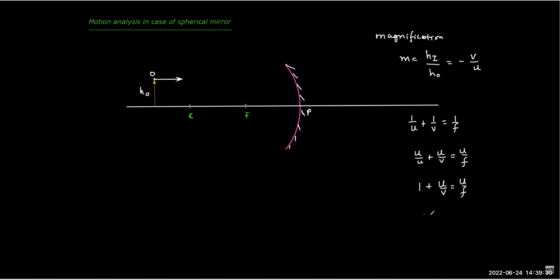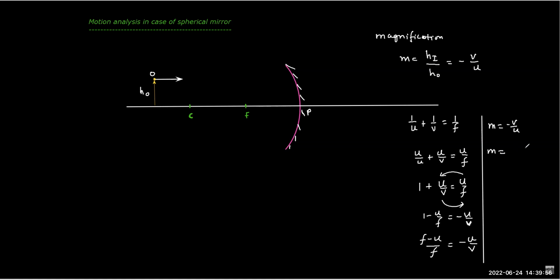So 1 plus u by v equals u by f. If I bring this side, this is minus u by f. So (f minus u) upon f is minus u by v. And therefore, the magnification, which is minus v by u, turns out to be f upon f minus u.